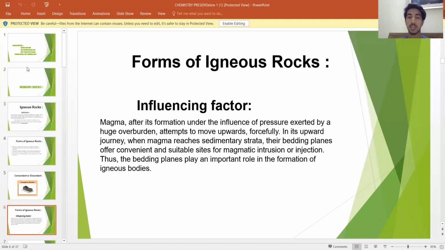If magma cooled inside the crust of the earth, the rocks will have larger minerals and are referred to as plutonic or intrusive rocks. Molten rock that flows out onto the surface is called lava. These rocks are called volcanic or extrusive rocks.